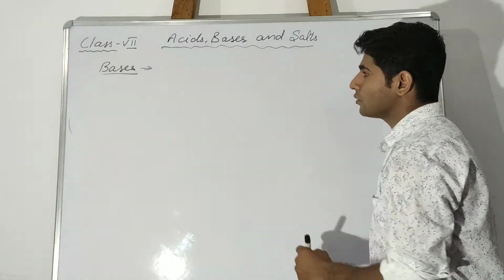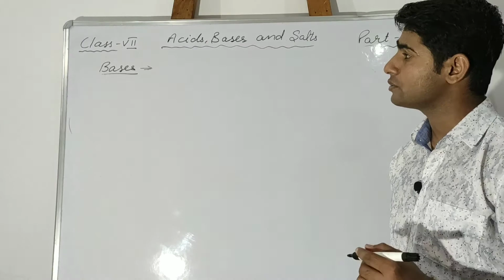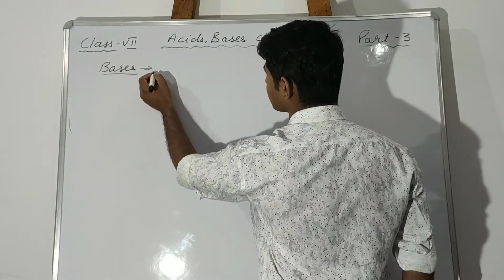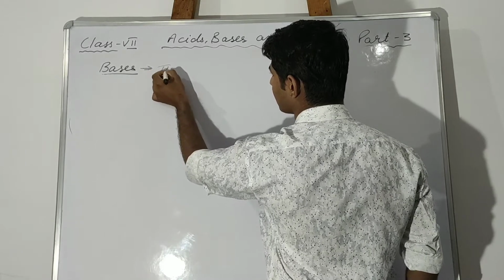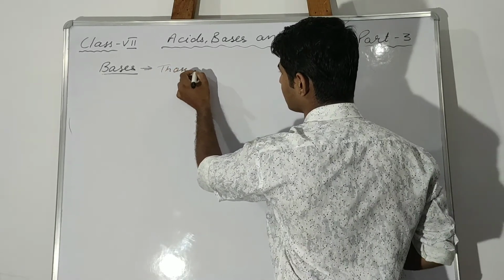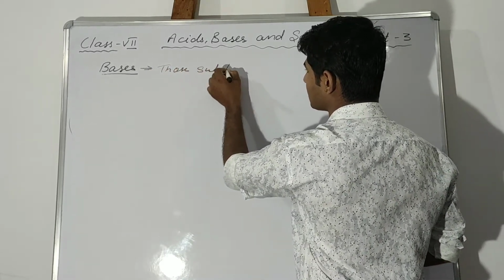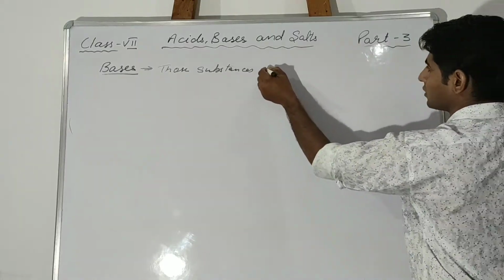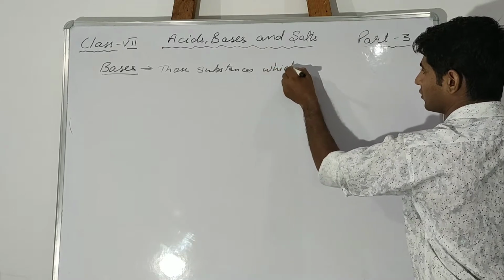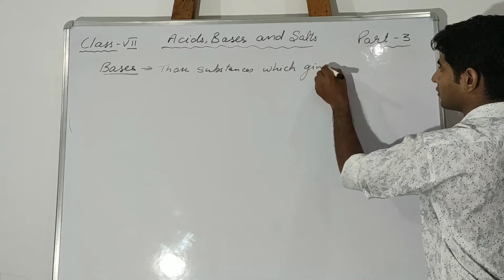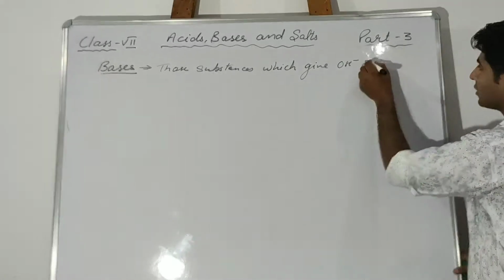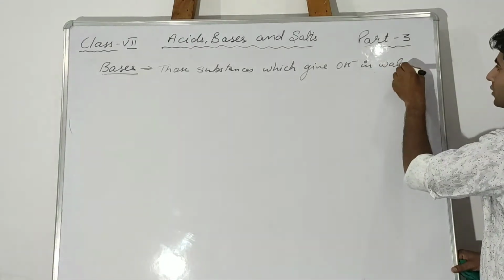The question arises in our mind, what is a base? So what is the definition of base? So bases are those substances which give OH negative ion in water.